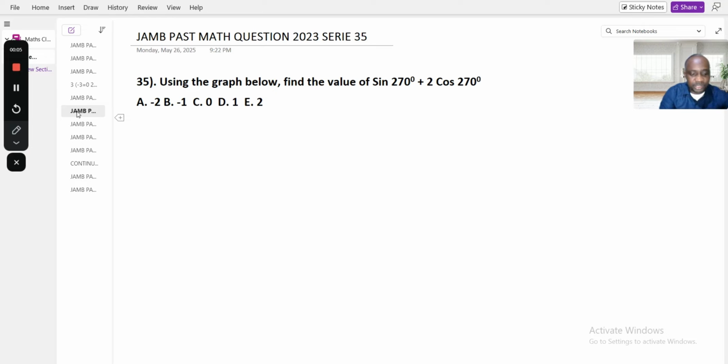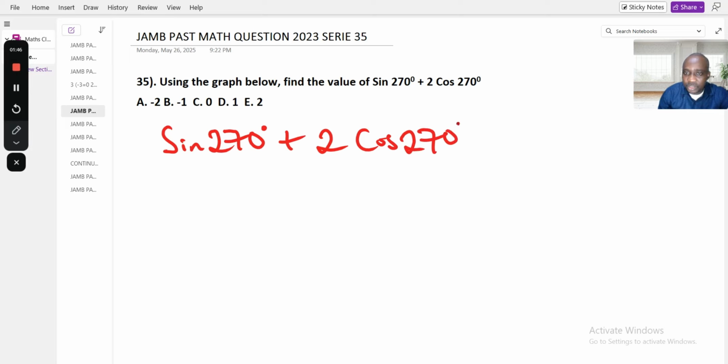Sine 270 equals -1. Let me first write out the question. Sine 270 degrees plus 2 cosine 270 degrees.